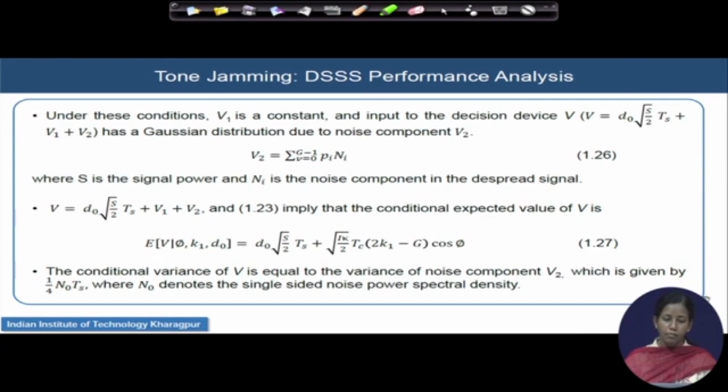Remember one thing: once we are considering that equiprobable case, in such a situation this V1 is approximately constant.